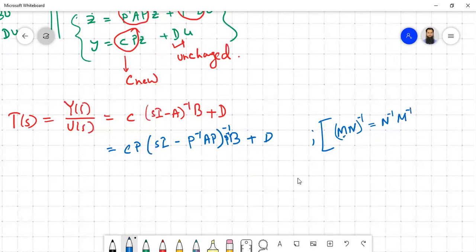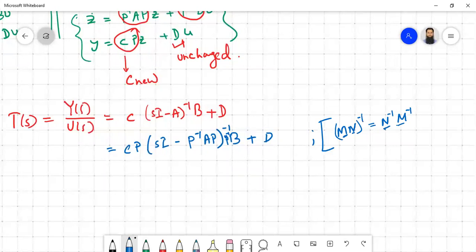It means M was first, N was second. These are matrices, so you cannot just alter the order. If you take the inverse of the whole product MN, then wherever you take the individual inverses, N inverse will come first, then M inverse. So this identity we have to use to simplify this one.